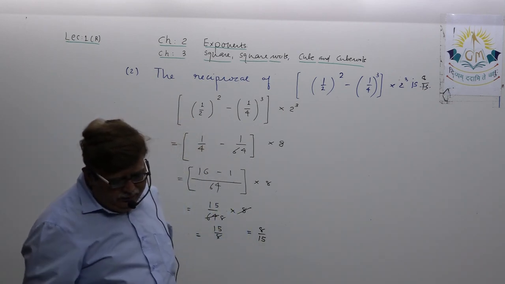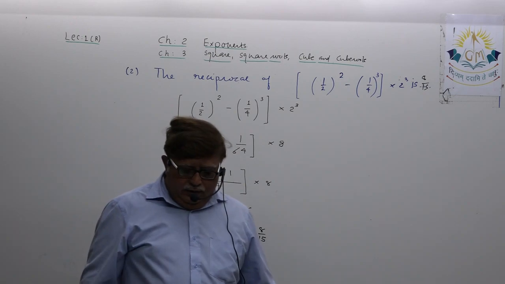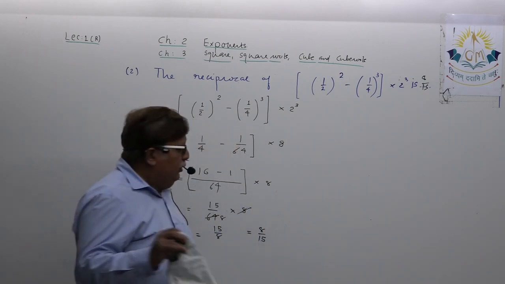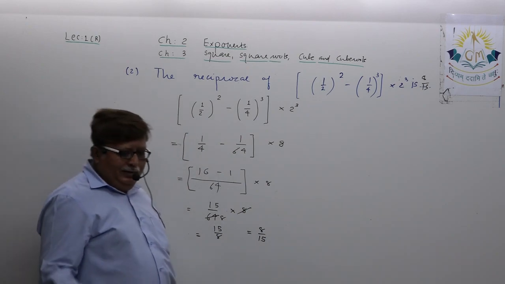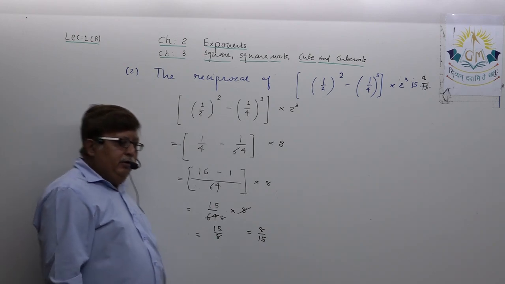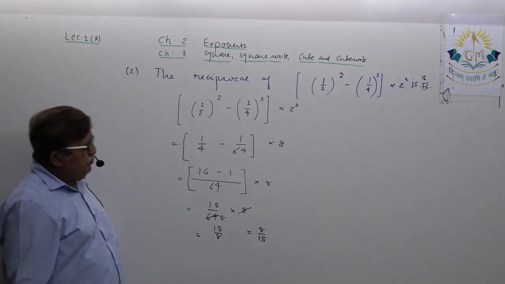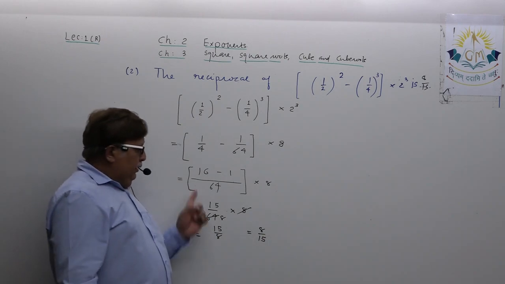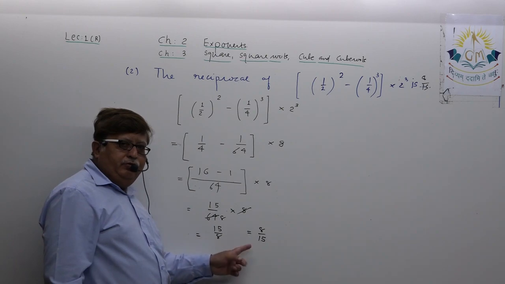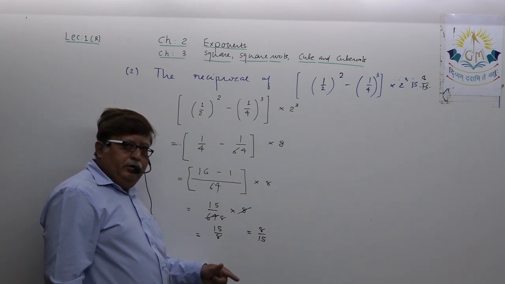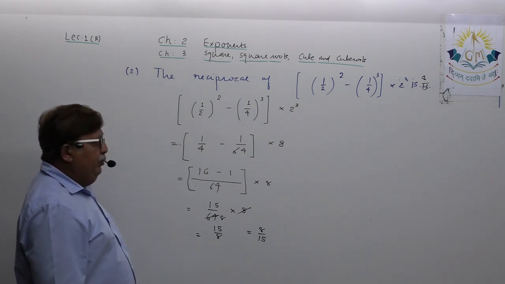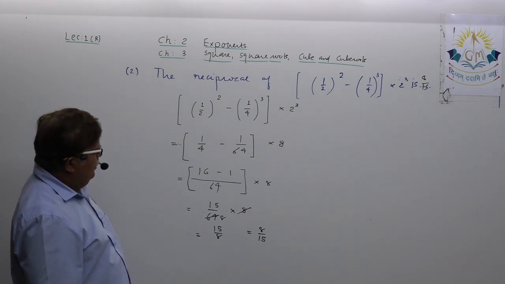In revision, dear student, we are going to target only the difficult examples which I have asked somewhere and which were a part of our WRTs. After evaluation, you must have got 15 upon 8, which needs to be reciprocalized, and you will get the final answer 8 upon 15. Okay, right?